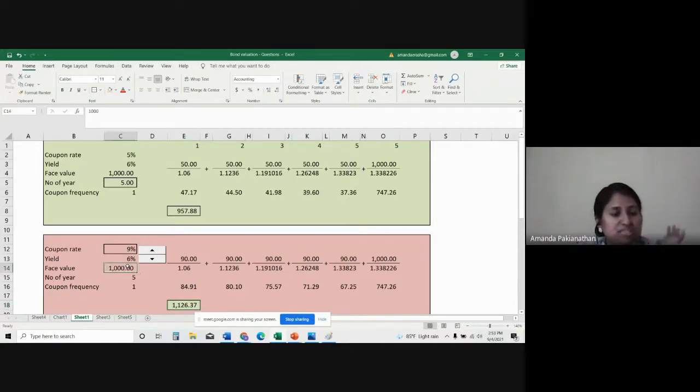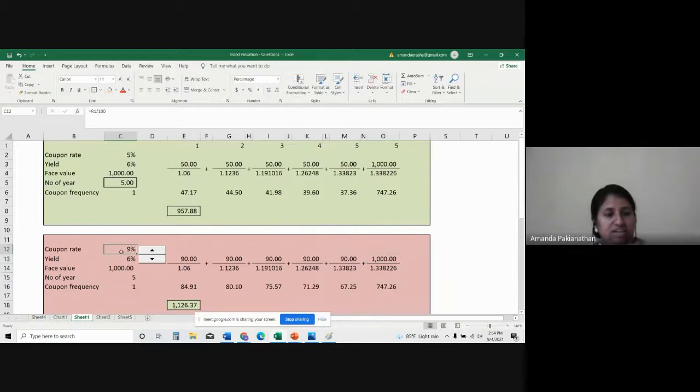Face value is 1000, but collect higher and attract the investors. For the investors, on average, it will come up to 6%, because yes, you get a 9% coupon, but you have to pay a higher price to get only a 1000 face value bond.